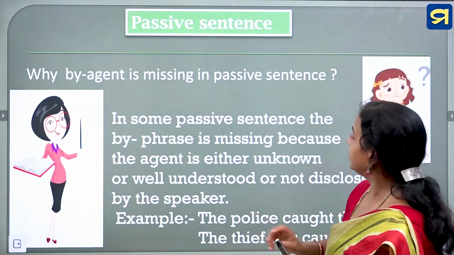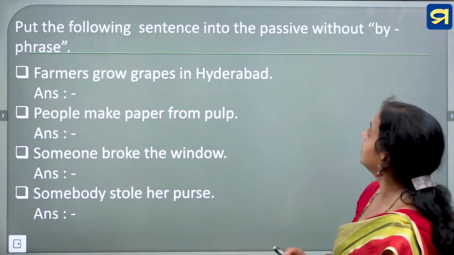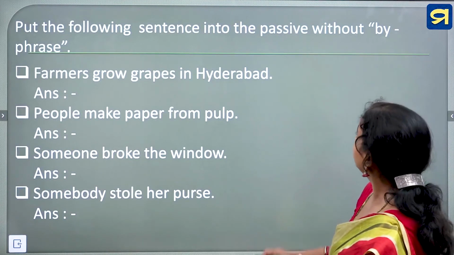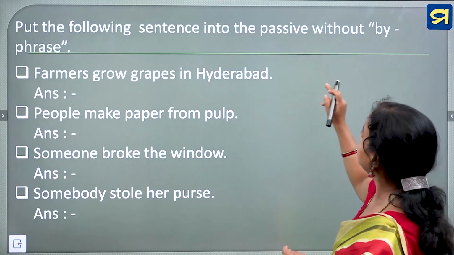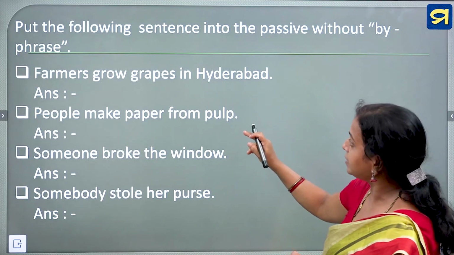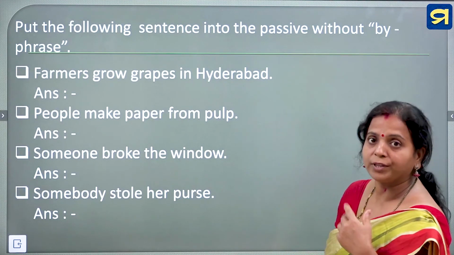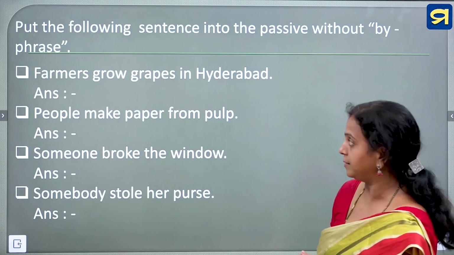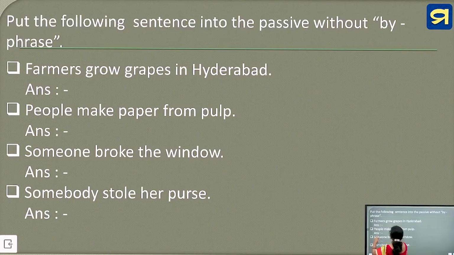Children, use some correct passive. Put the following sentences into the passive without by phrase. That means you will change the sentence into passive form without using the by agent. Okay? See the first one. Farmers grow grapes in Hyderabad. Tell the answer.